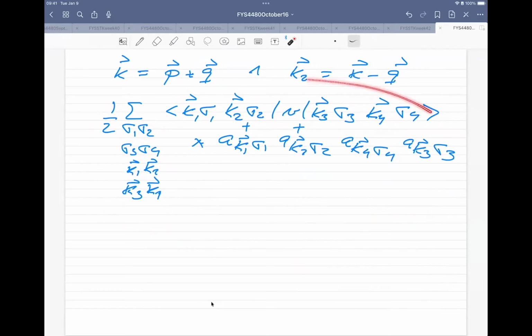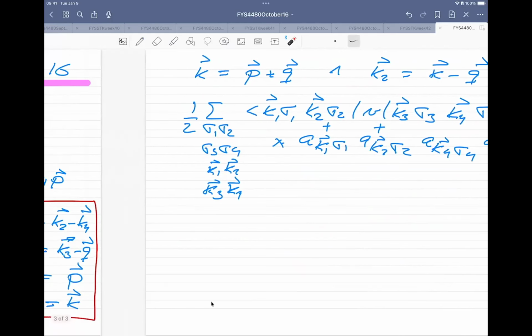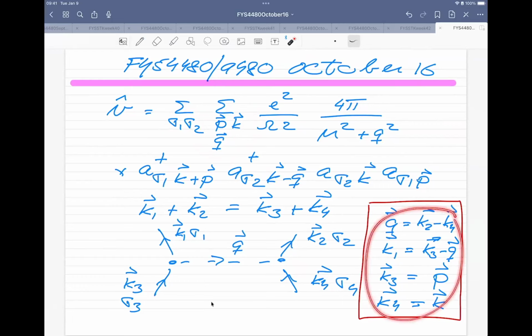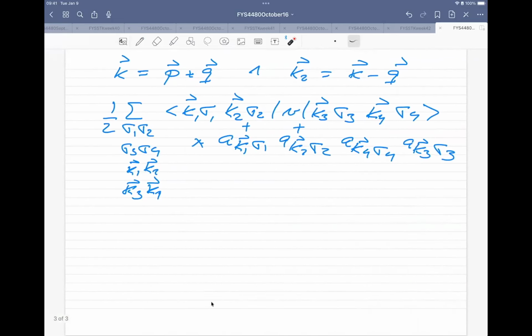That means that this general expression, which you see here, can be written out when we calculate this integral. We have inserted the Coulomb interaction. When we did that, we can reduce this to a double sum instead of a quadruple sum. And then this is a triple sum instead of a quadruple sum. And then we have these constraints, and we have simply rewritten the variables like that. So this is just a rewrite of the variables in terms of something which looks a little bit more compact. But now you see that K1, for instance, which is equal to P plus Q here, is something which we had here, K1, sorry, this was actually missing K1 here, sorry for that.